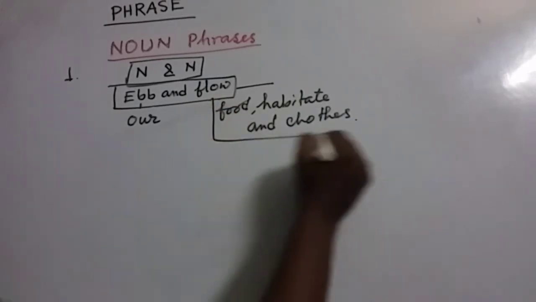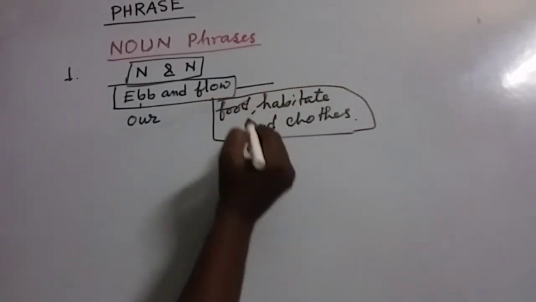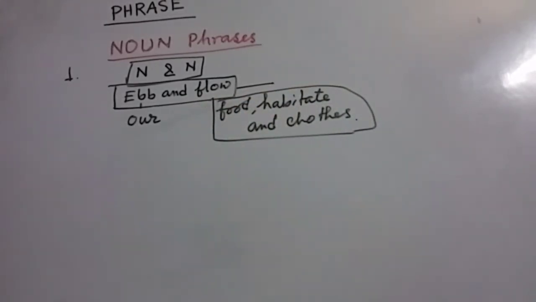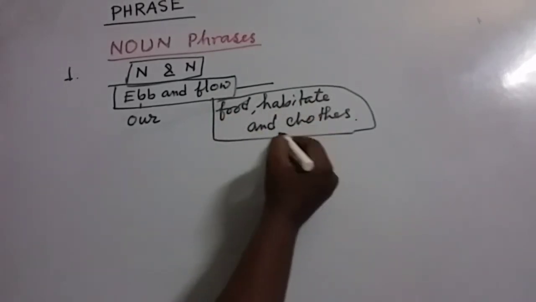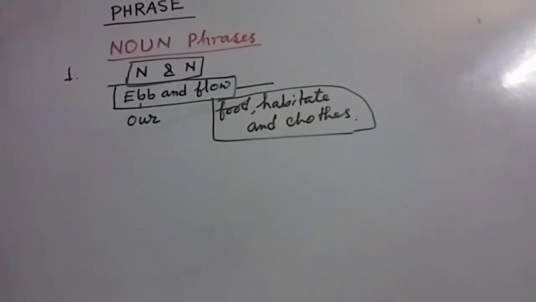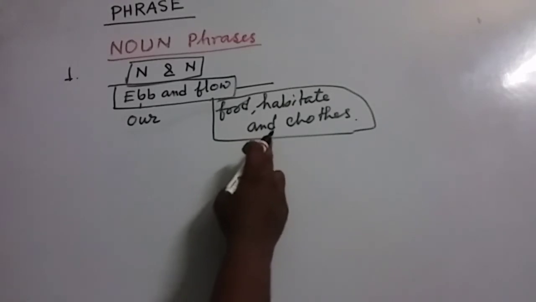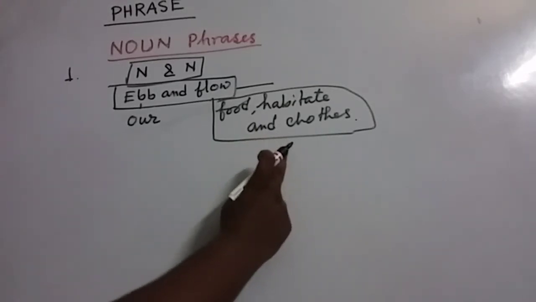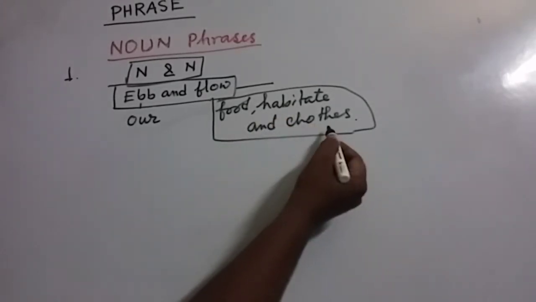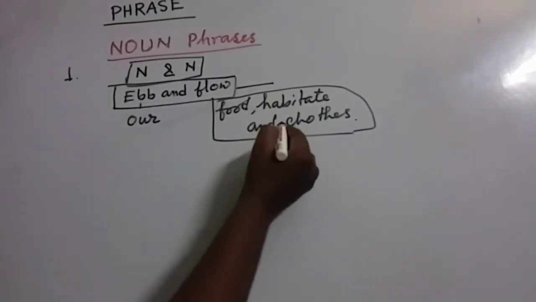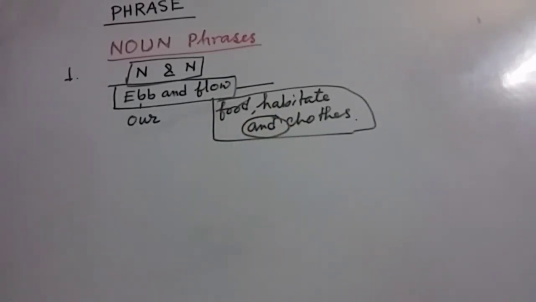Here, my dear friends, this is used as the object in this sentence. So food, habitat and clothes, this is our basic need. This is a noun phrase, and you can see there is more than one word, joined by "and". In this way we can form a noun phrase.